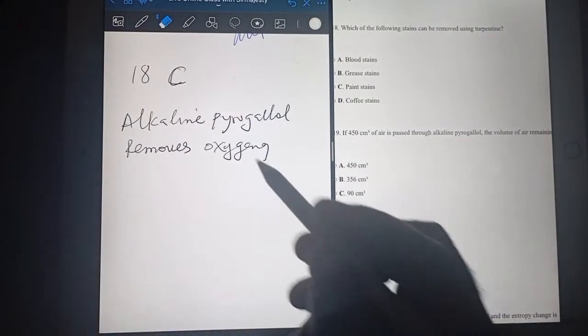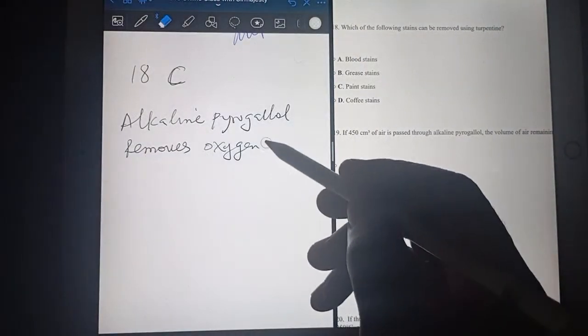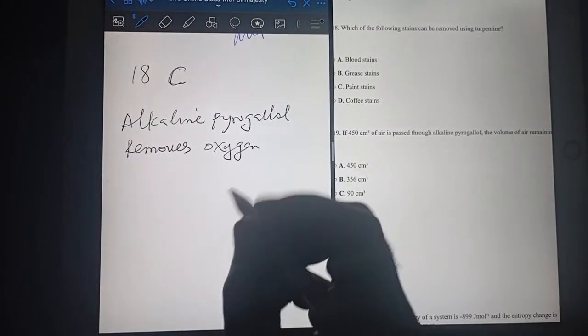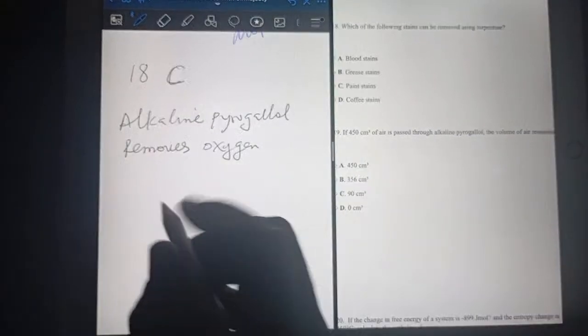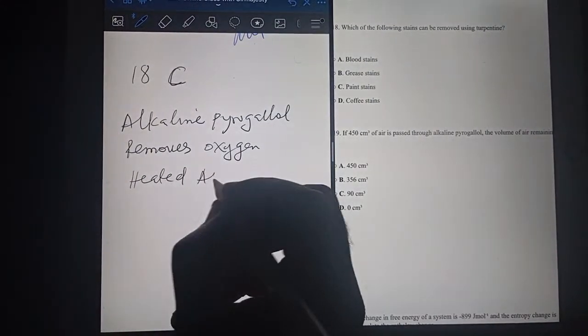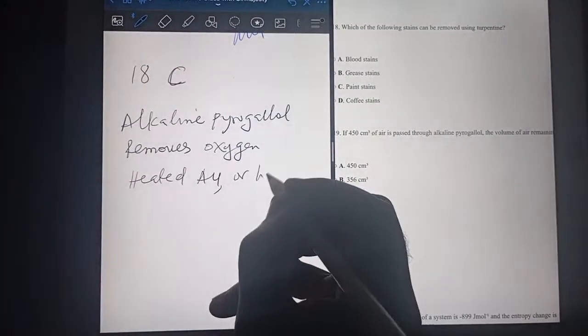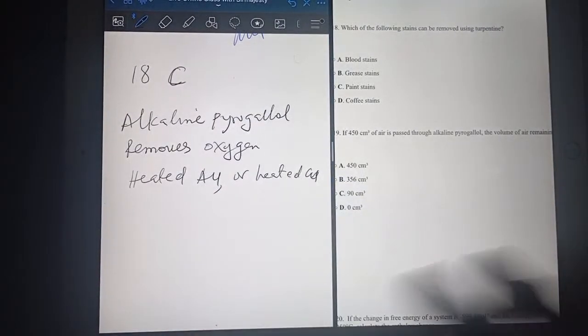You know that air is a mixture on its own. So if you pass air through alkaline pyrogallol, it removes oxygen. Other alternatives that can be used to remove oxygen include heated gold or heated copper. So these three things remarkably absorb oxygen.